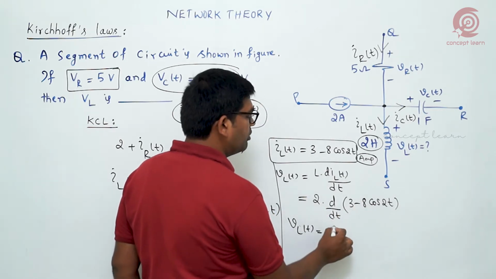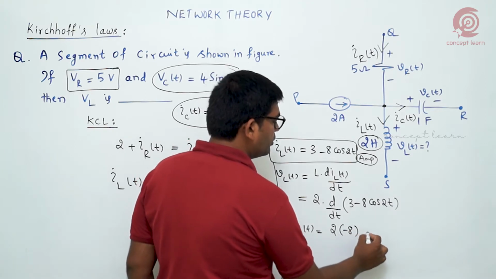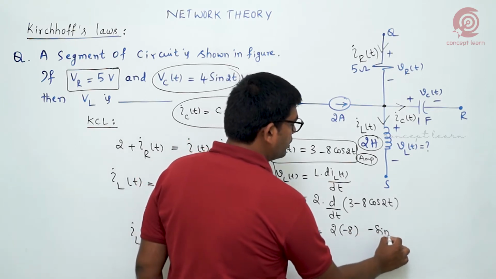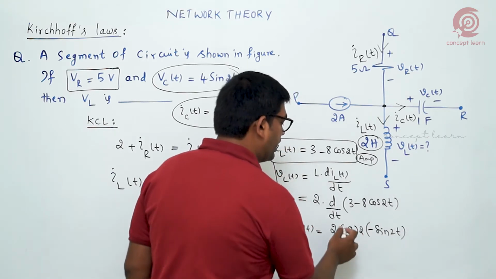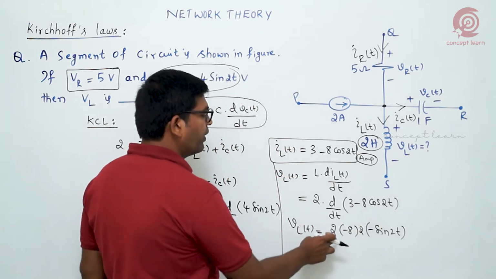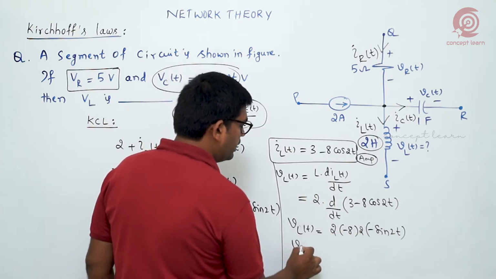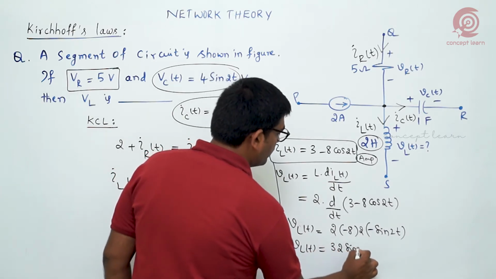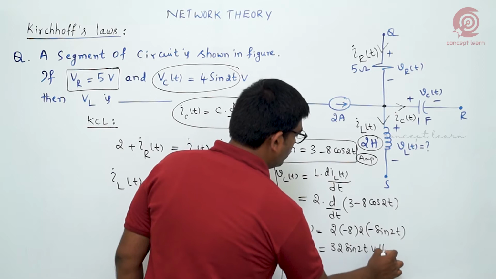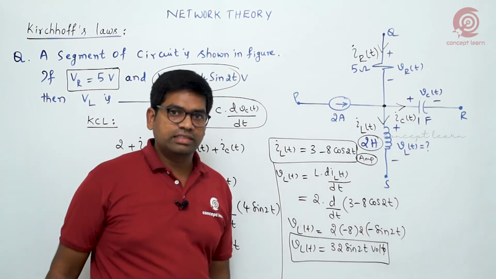So what will be the result we get? 2 into minus 8 into minus sine 2t, again 2 also will come into the picture. Minus minus becomes what? Plus. 8 into 2 into 2 means 8 into 4, 32. So at the end the result will be what? 32 sine 2t. It is the voltage, so volts. So this is the voltage across the inductor.